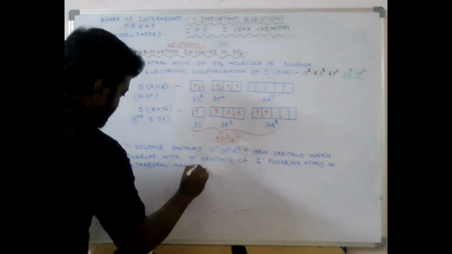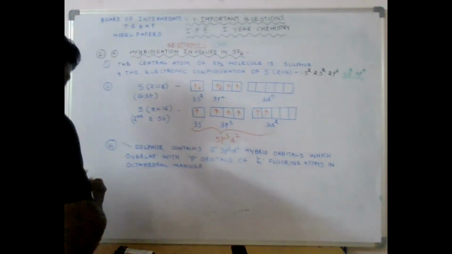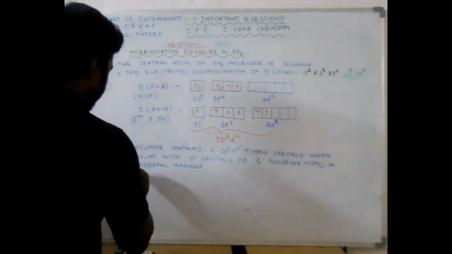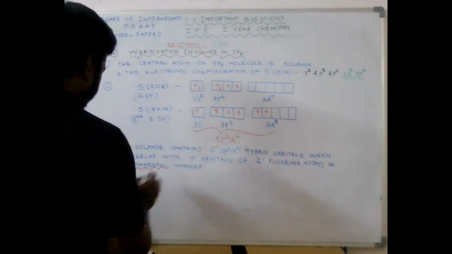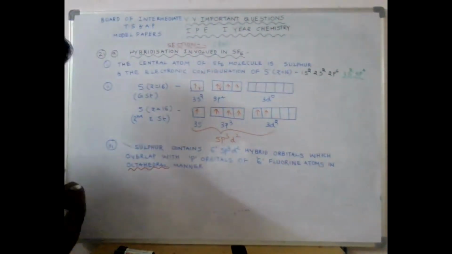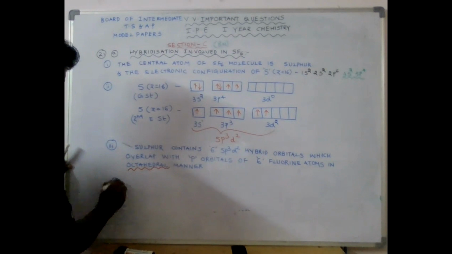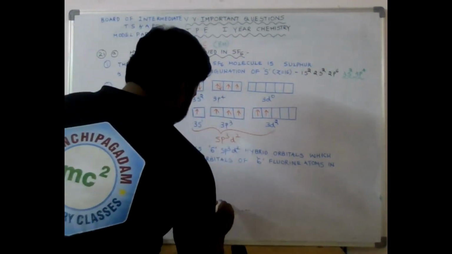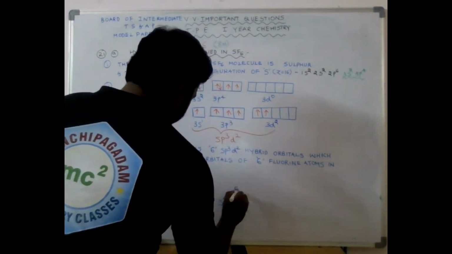So here the hybridization is sp3d2 and the shape is octahedral. So the fourth point, we have to write the shape. We have to draw that, right? Sulfur, fluorine.